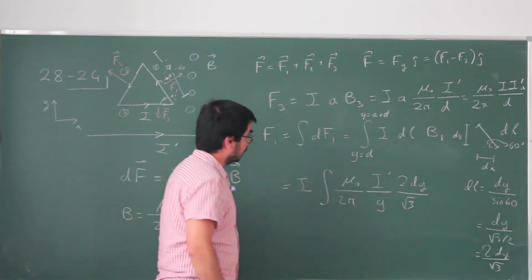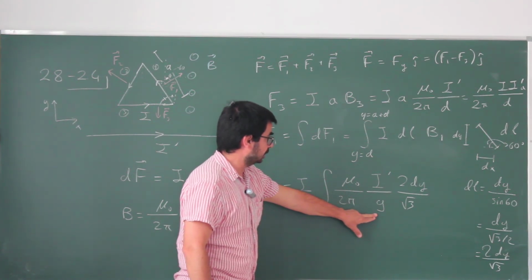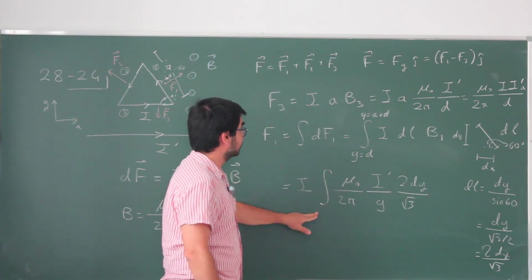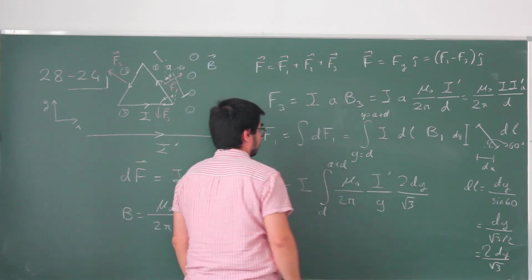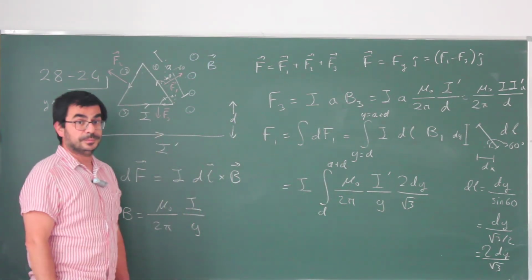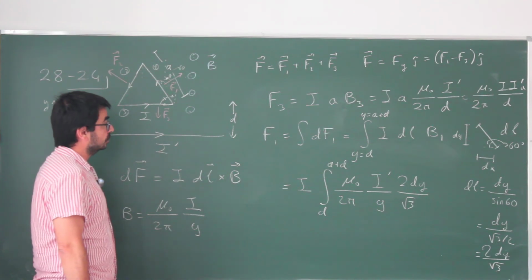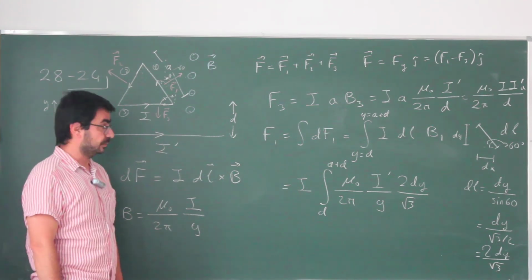Okay. Now I can take all of these constants out. I'm going to be left with y in the denominator, and I have these limits of d to a plus d for the integral. So that integral is going to be a logarithm, and it's going to lead to a difference of logarithms. Difference of logarithms is the logarithm of the ratio.